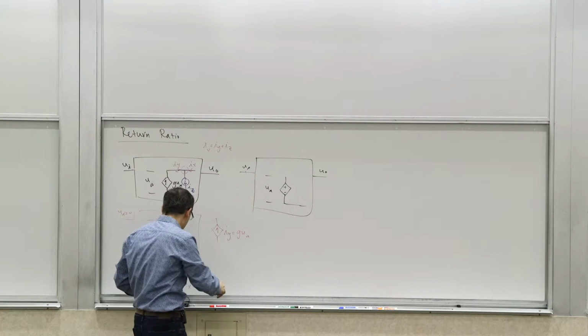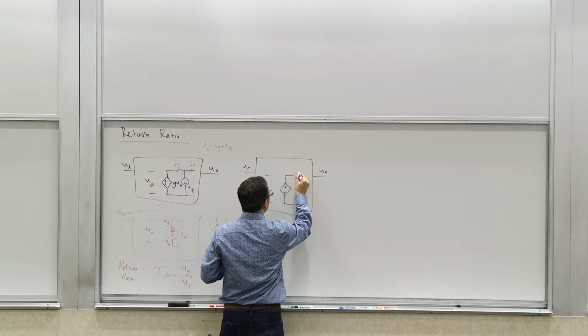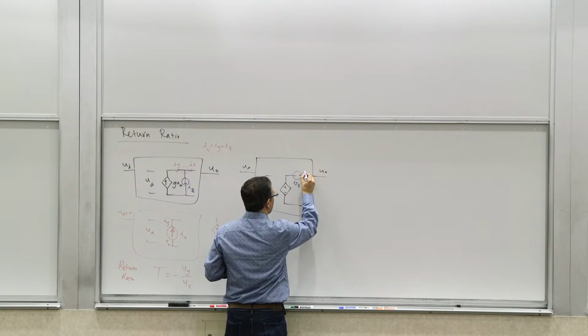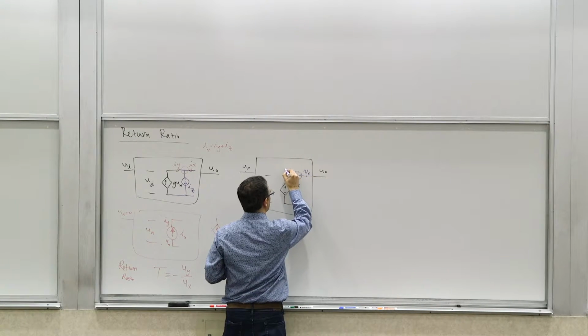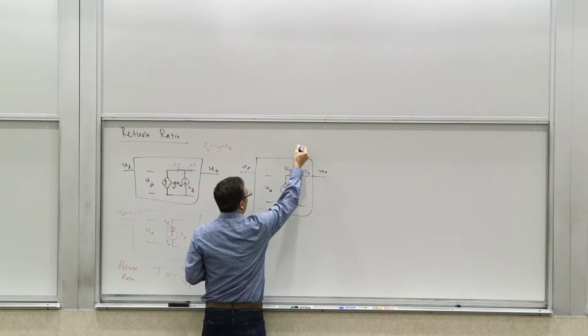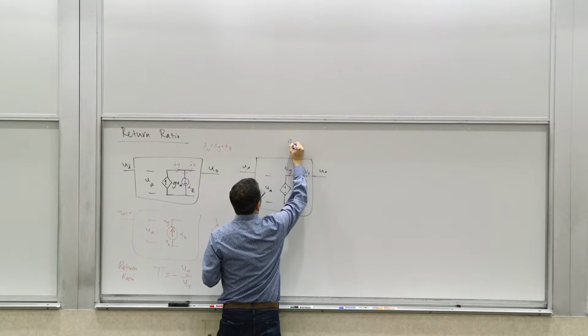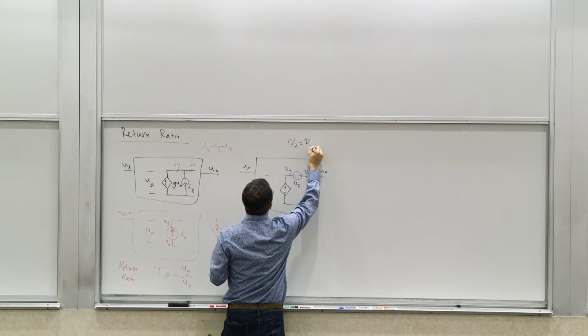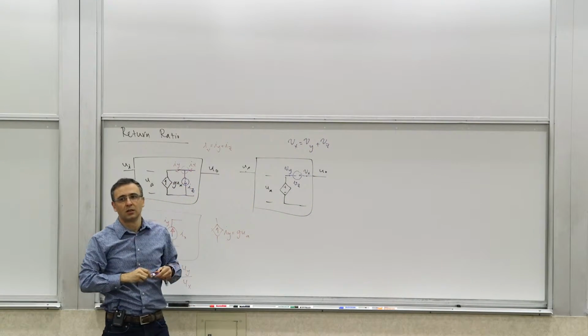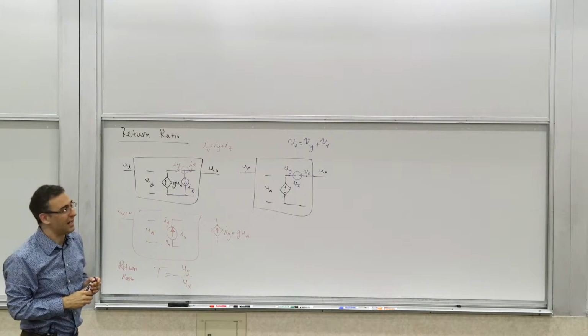We introduce, again, a voltage source in series. Let's call it Vz. And this is going to be Vx, and this is going to be Vy. Again, it's clear that Vx is Vy plus Vz. And again, Vz should not enter your calculations at all.